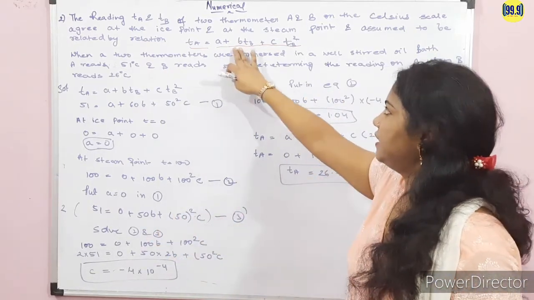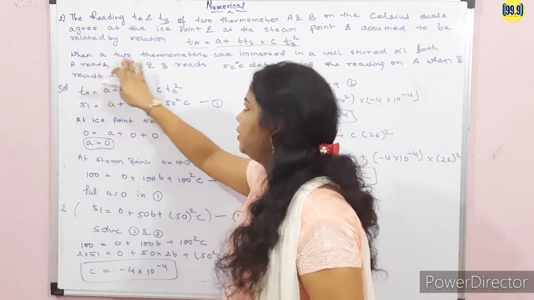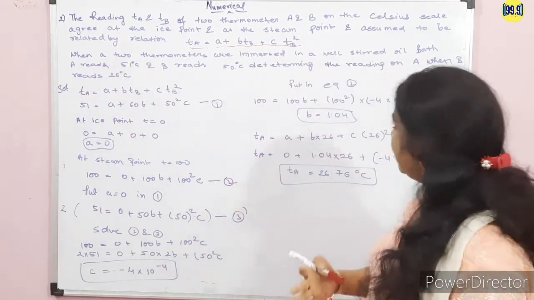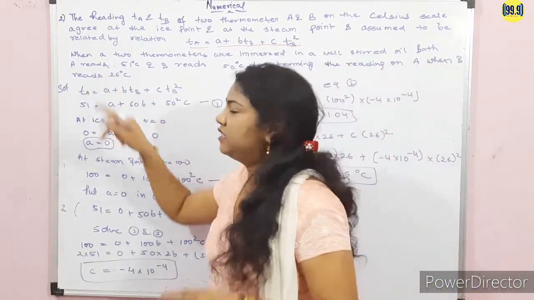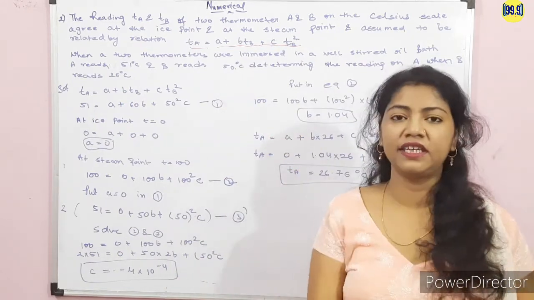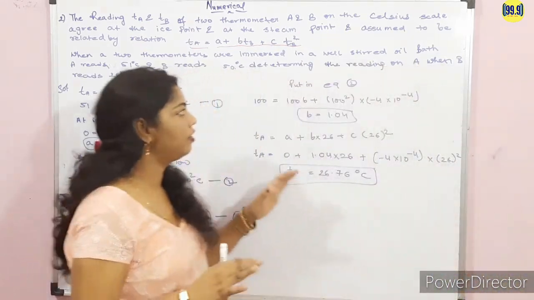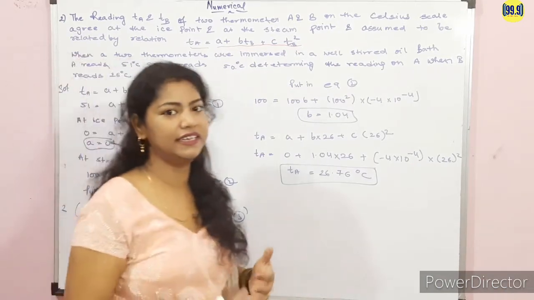This is the relation given for the two thermometers. When the two thermometers are immersed in a well stirred oil bath, A reads 51 degrees Celsius and B reads 50 degrees Celsius. Now we have to determine the reading of A when B reads 26 degrees Celsius.